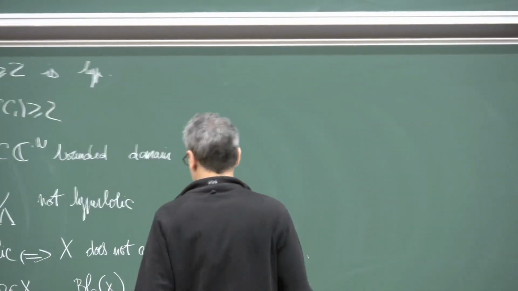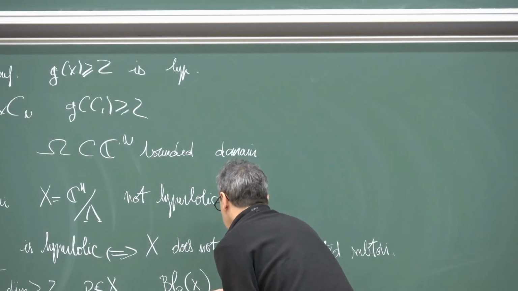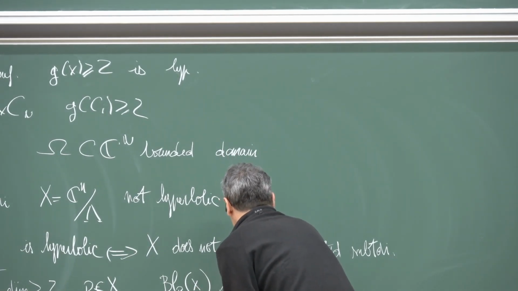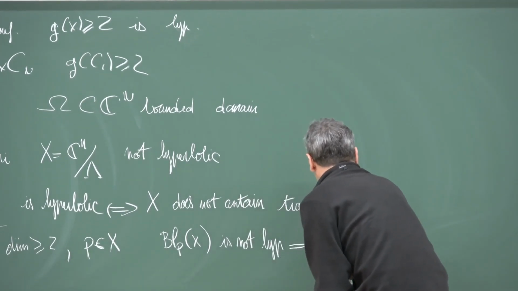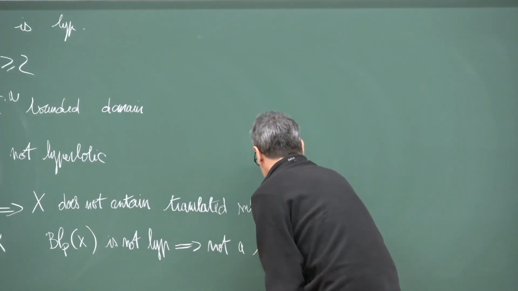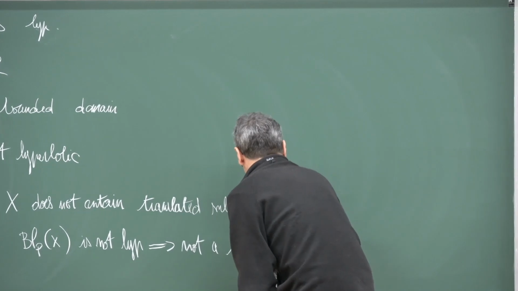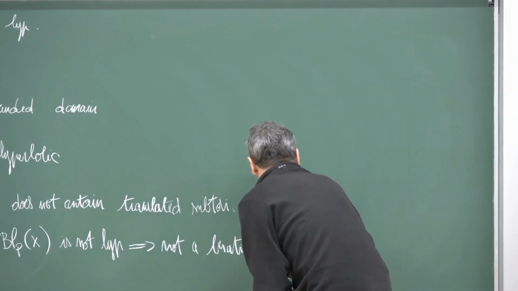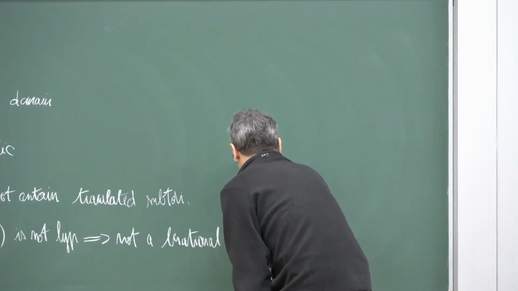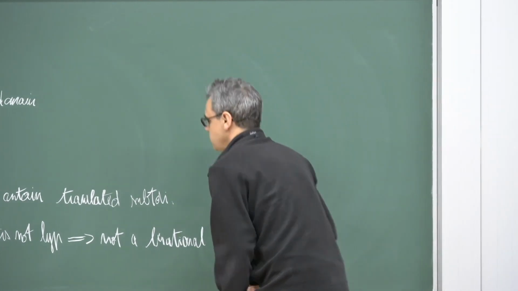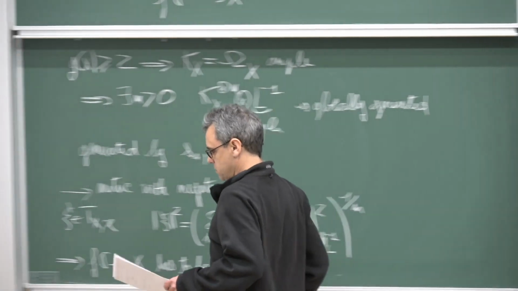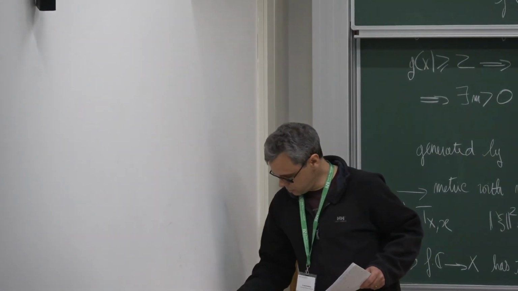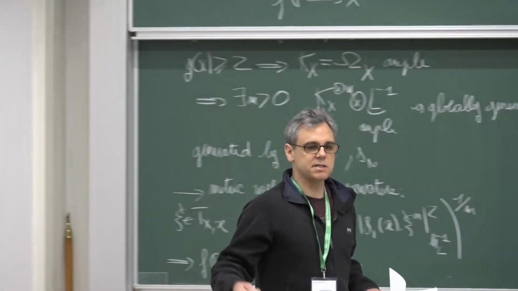In the exceptional divisor you have an entire curve. So this is not a birational invariant. So from the point of view of birational geometry, it's not very good. And this is why people have studied more general notions, allowing an exceptional set.